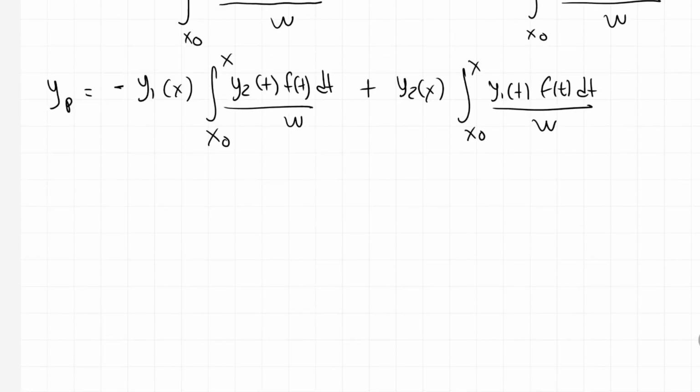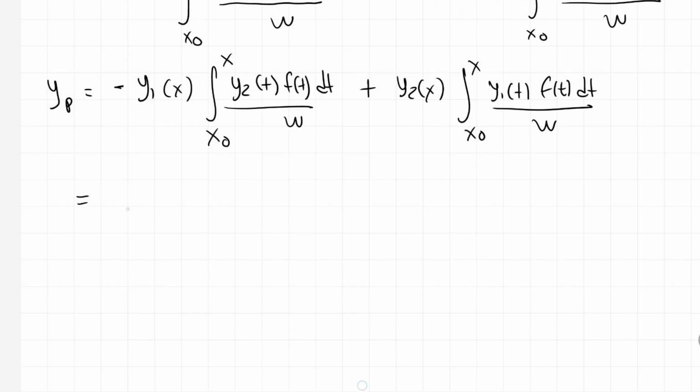We see that we have two integrals with the same limits, under the same variable, which is t. So we can put together these two integrals to get the following.